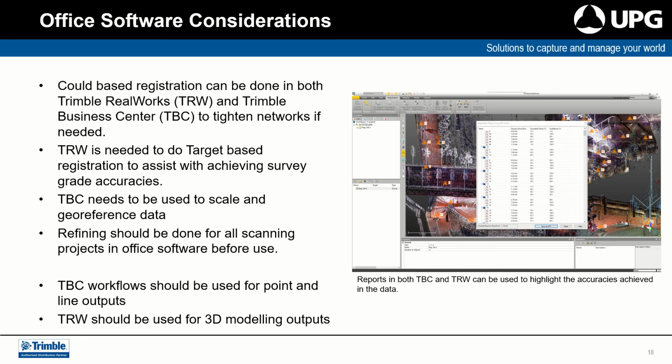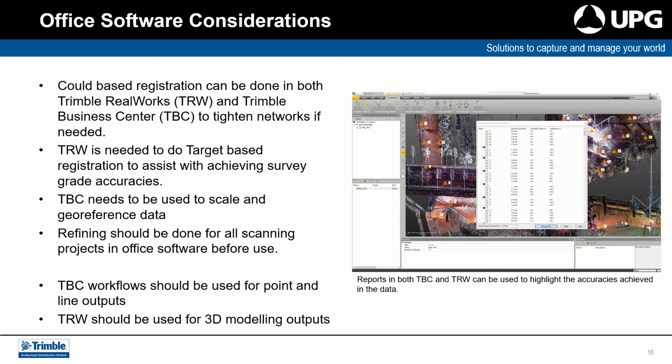As mentioned previously, RealWorks is needed to do target-based registration to achieve better survey grade accuracies. TBC can be used to scale and georeference the data, which is something that cannot necessarily be done in Trimble RealWorks. And refining should be done for all scanning projects in the Office software before use, even if it is done in the field.